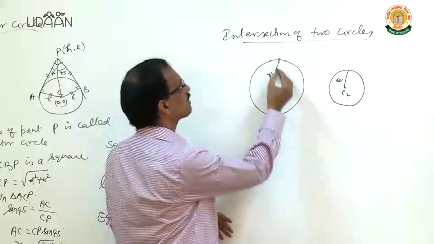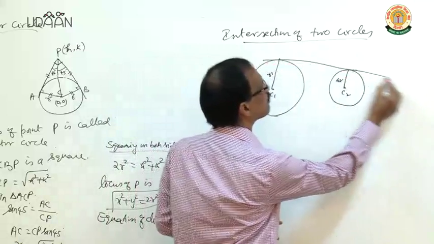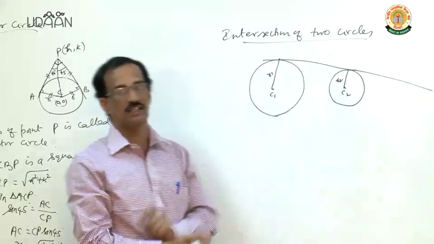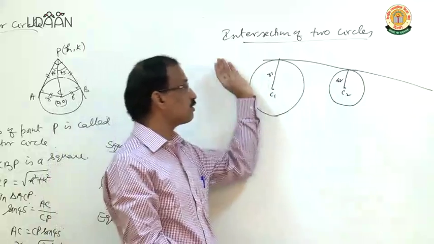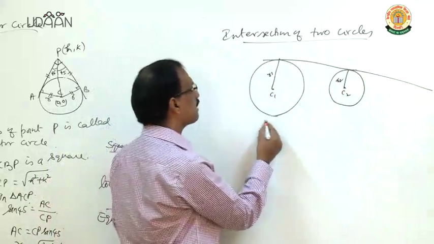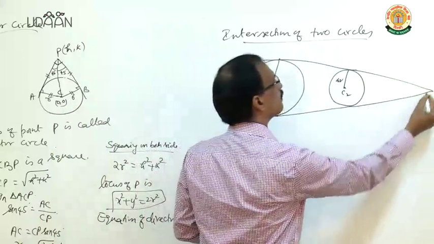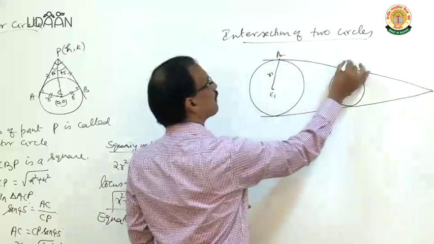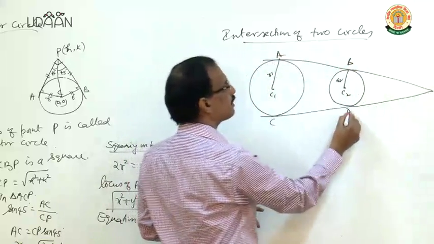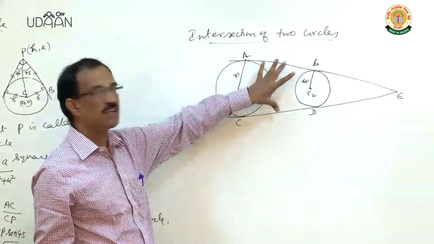So in this case, how many common tangents? A common tangent is a tangent to both circles. How many tangents will you be able to draw? A, B, E is one set of tangent.